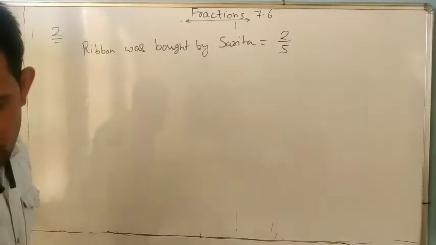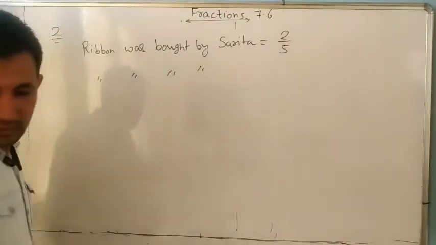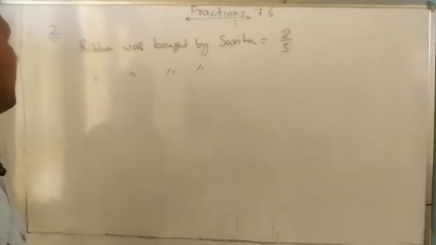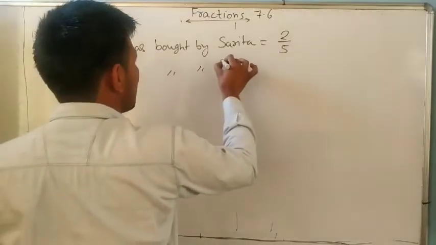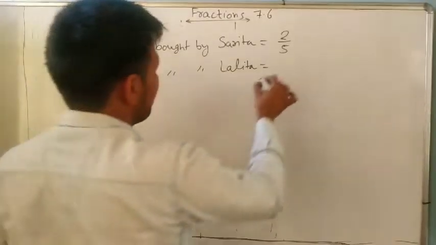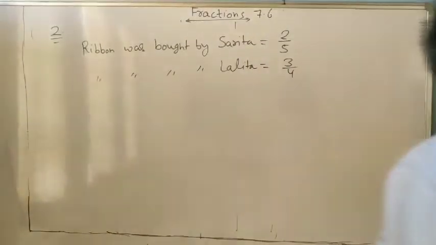Same as it is. Ribbon was bought by Lalita, how much? 3 upon 4. So in the question, what do we have to find? What is the total length of the ribbon?